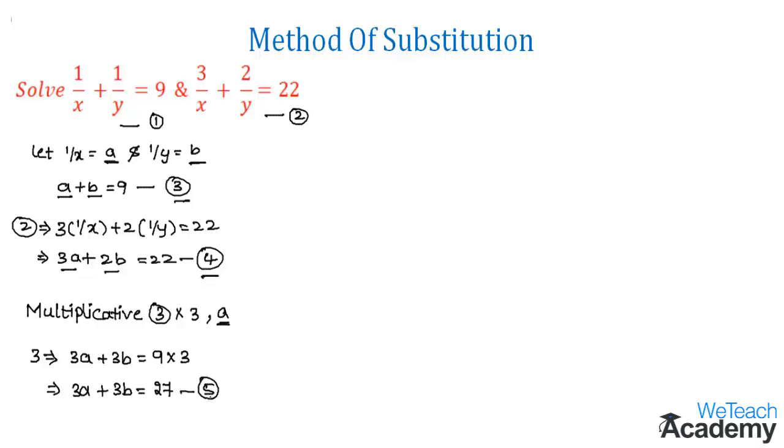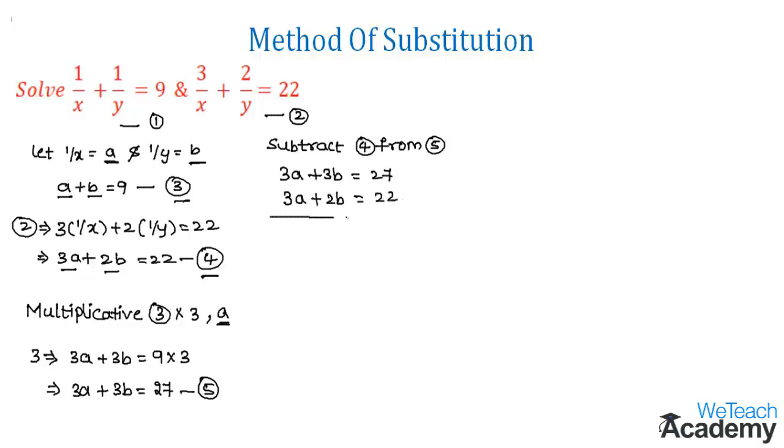Here we observe the coefficient of a in equation 4 and the coefficient of a in equation 5 are equal. So let us subtract equation 4 from equation 5. We have equation 5 as 3a plus 3b is equal to 27, and equation 4 as 3a plus 2b is equal to 22. As we are subtracting these equations, the signs of the second equation get changed.